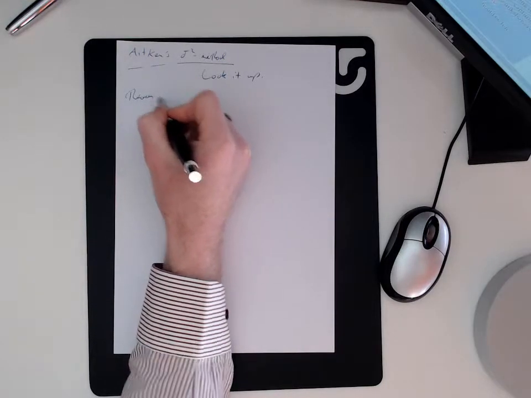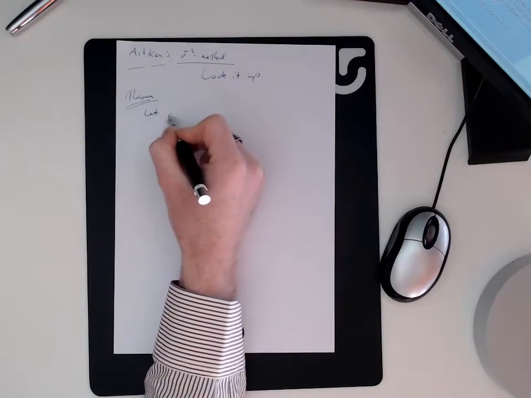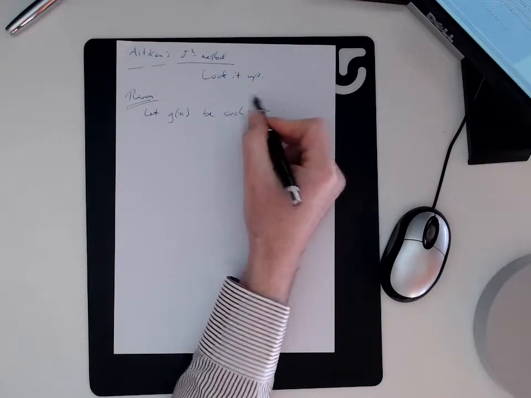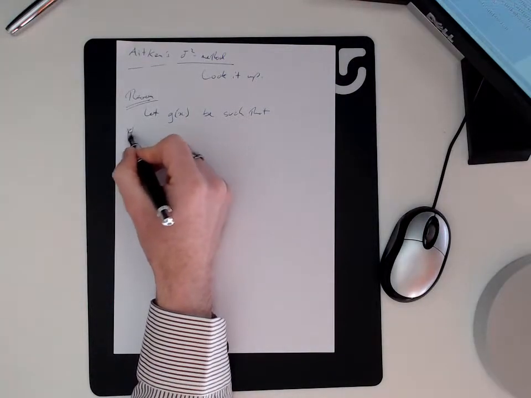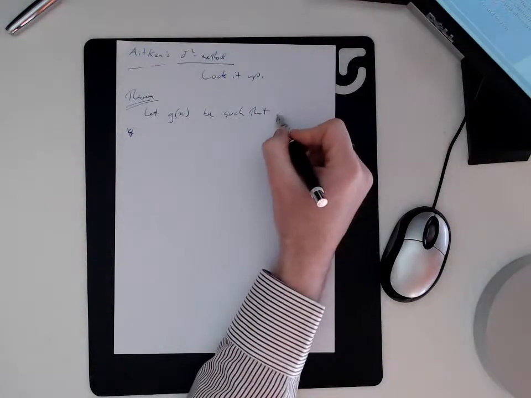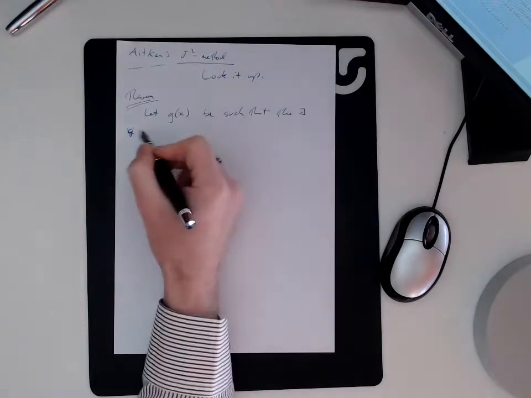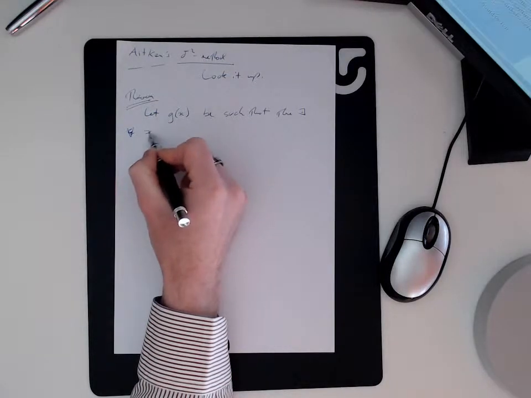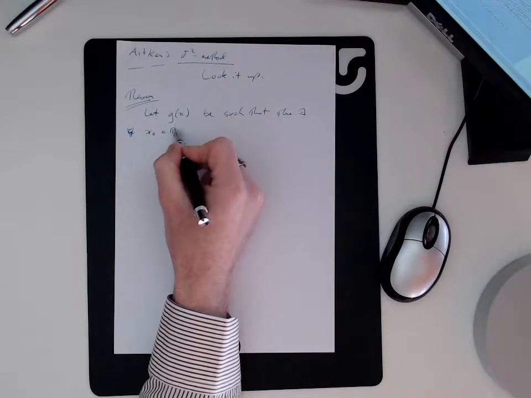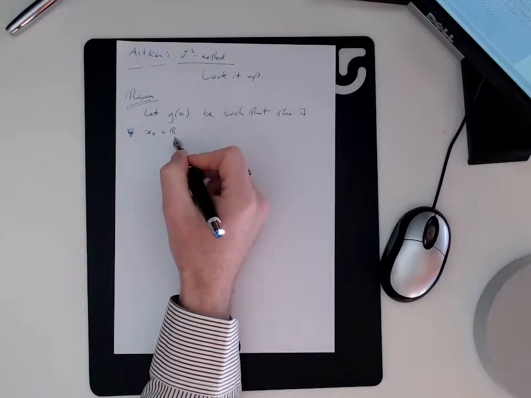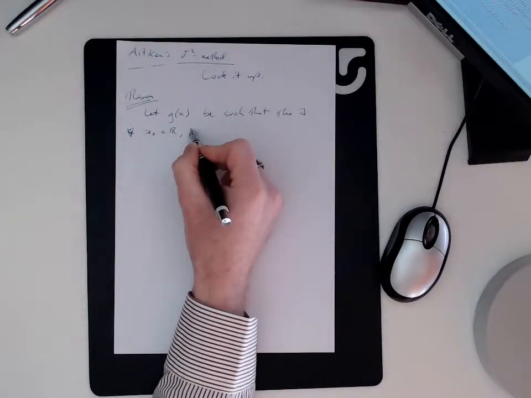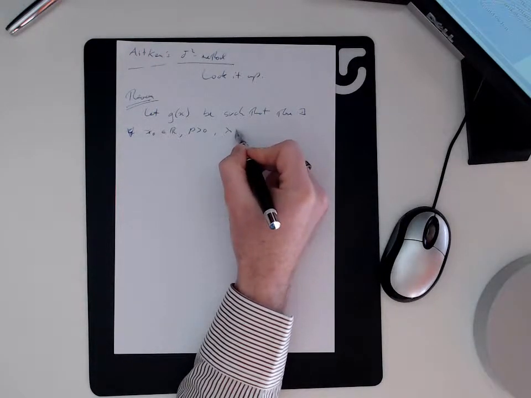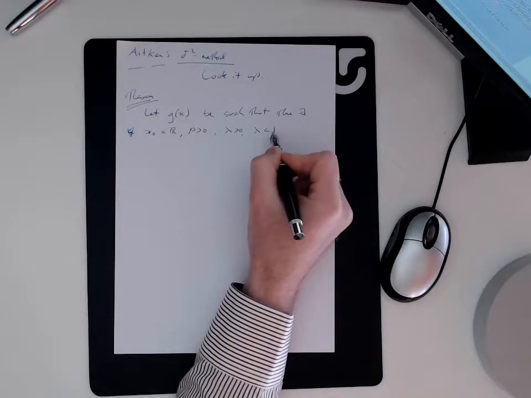I'm going to jump instead directly into the first theorem. Let g of x be such that there exists x0 inside whatever the domain of g is, which I'm going to be taking as R. We need rho greater than 0 and lambda greater than 0, lambda less than 1.